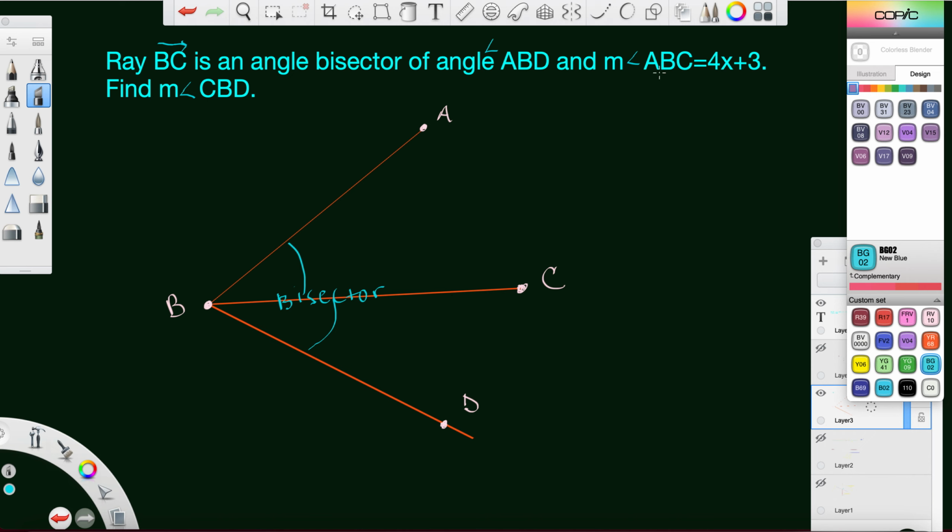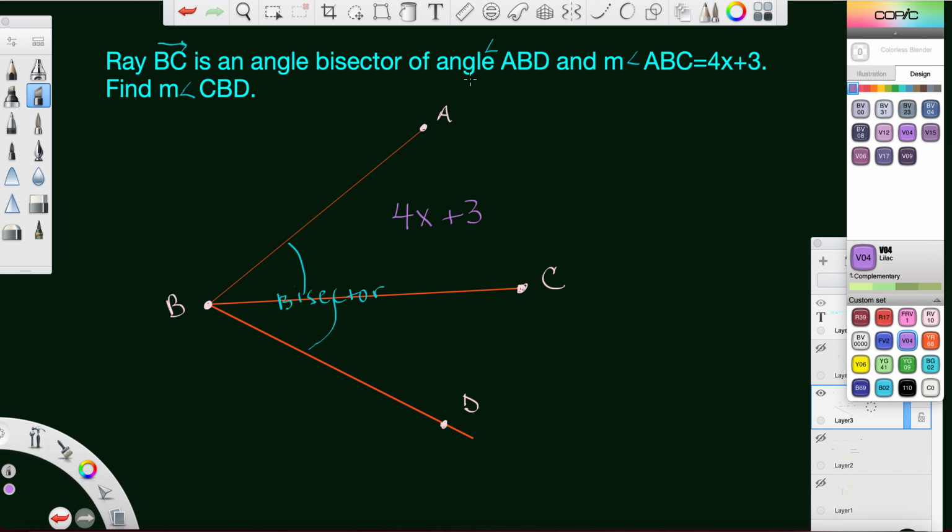And so they give you the next piece of information. They say this angle ABC is 4x plus 3. And then they ask, find the measure of CBD. There are a couple of ways you can do this.